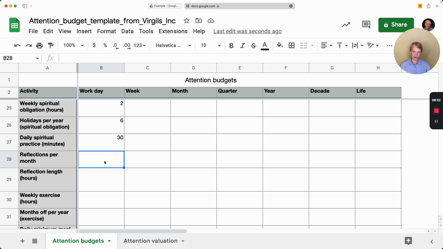All right, reflections. If you go back and read the doc, there's information around what to do after you've filled out the budget. One of the things that I highly recommend is reflecting upon what you've actually done in a given time period, especially when it comes to your use of technology.